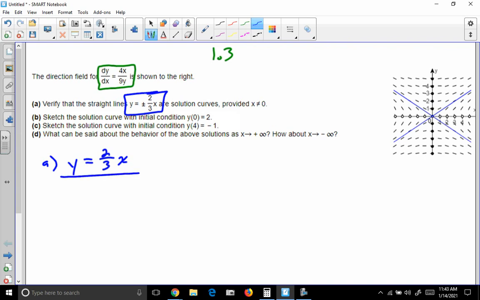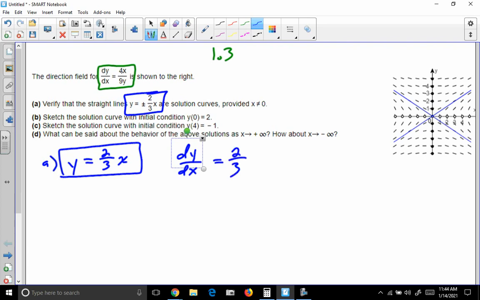So if we want to check to see if there's a solution to that equation, this is an explicit solution. So we need the derivative of this. The derivative of y with respect to x is 2/3.